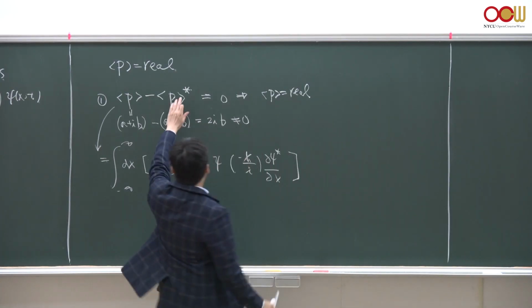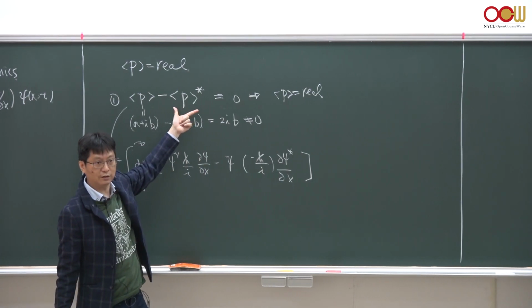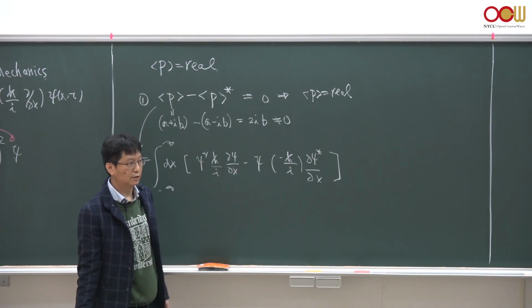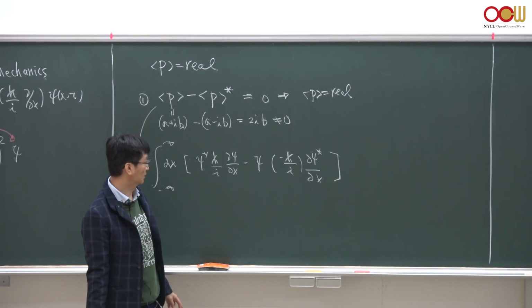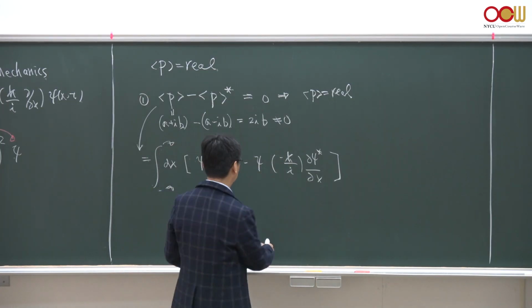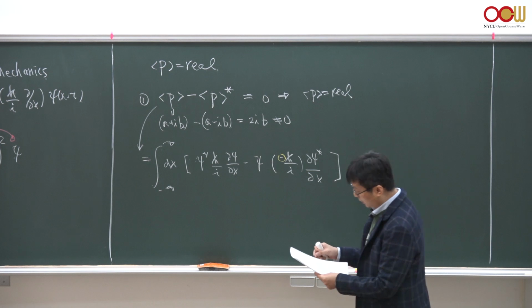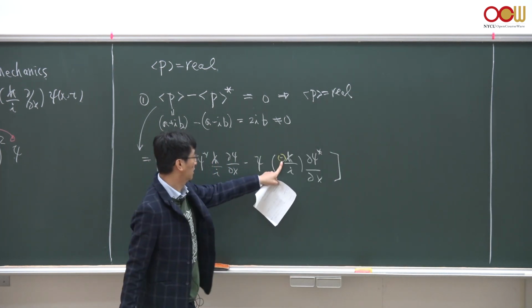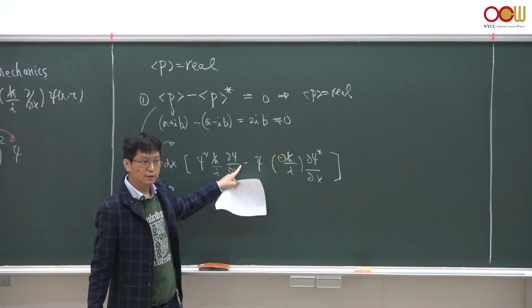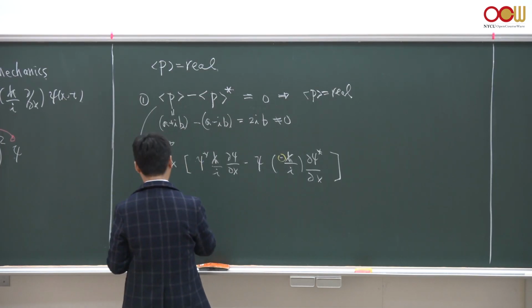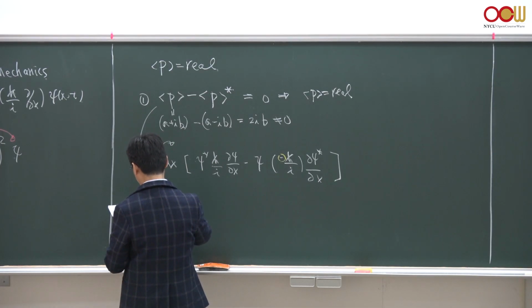Remember, when you take the complex conjugation of this expectation value of the momentum operator, you should convert all this i to minus i and so on and so forth. And that's why you get this minus sign. So let's just take the subtraction. You see there's a minus sign here, a minus sign there, and a double minus is actually plus. So you get a summation.